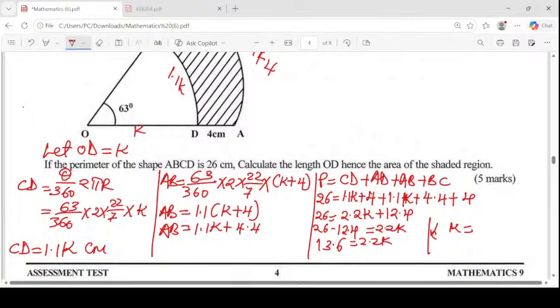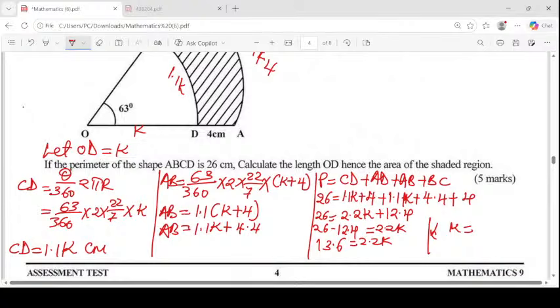Have I done it the right way? I'm still confirming it. Just a minute, let me confirm my working.